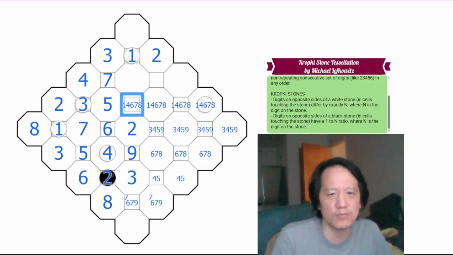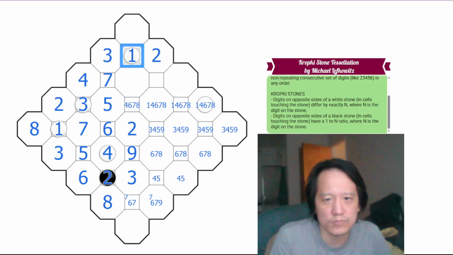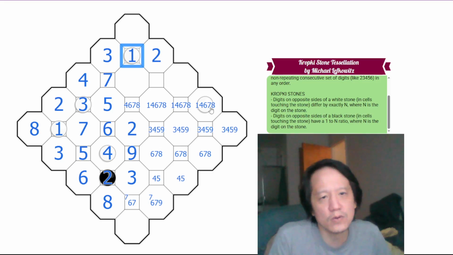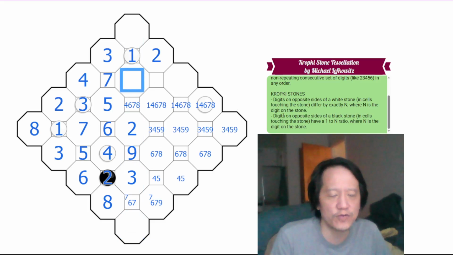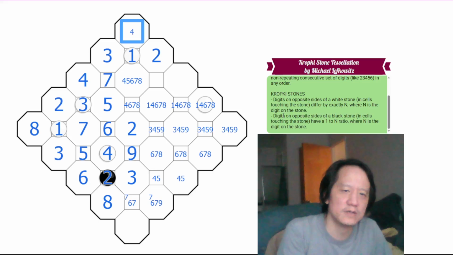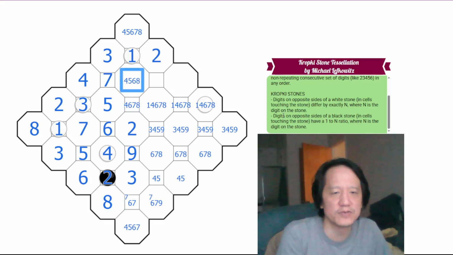This can't be 1 because of the 1 in the column. This can't be 9 because of the 9 in the column. Remaining digits in the middle column here is 4, 5, 6, 7, 8. This can't be 8 because of the 8 that it shares an edge with. This can't be 7 because of the 7 it shares an edge with.